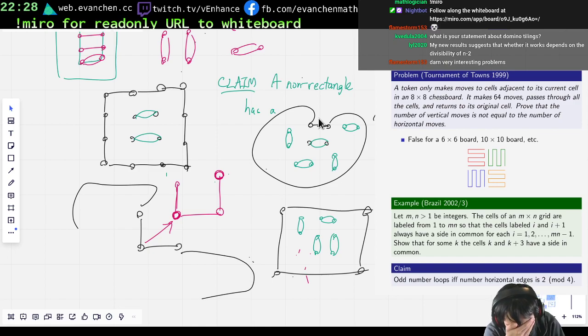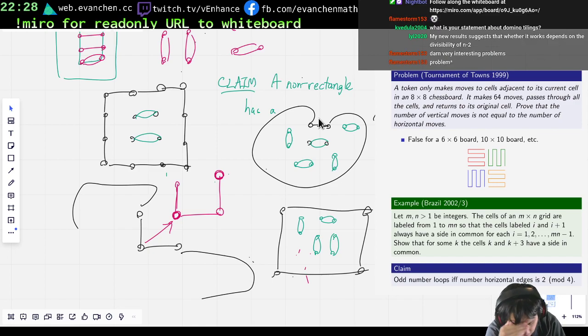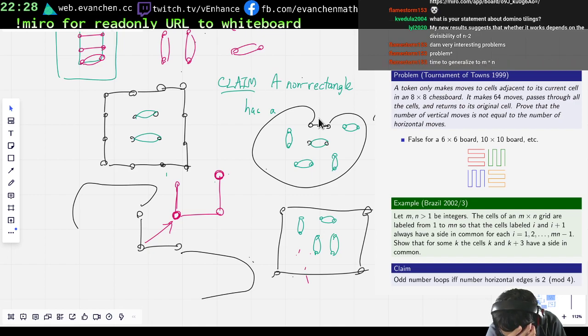Alright, this should be easy. How do I finish? This is where I do the coloring, right?